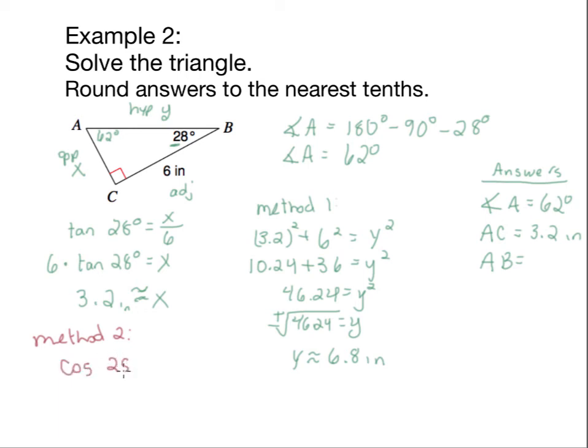So that would be cosine of the 28 degrees is equal to 6 over y. Solving for y, I end up that y is equal to 6 divided by the cosine of 28 degrees. Punching that into my calculator, I end up with y is approximately 6.8 inches. So now I've solved for all the missing pieces of this right triangle.